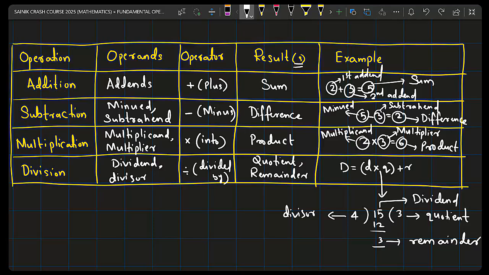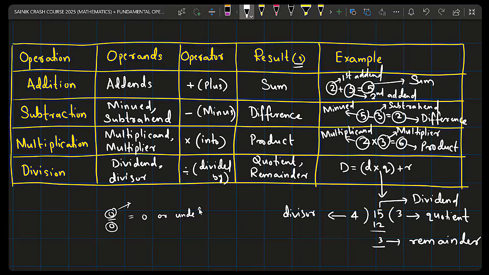Yes, Mayuk. So, what is indeterminate? Indeterminate means we are getting confused about what the answer is. See, 0 divided by 0, we want to find the answer. We have a rule in mathematics that whenever the numerator is 0, the answer should be 0. And we have another rule in division, that whenever the denominator is 0, the answer should be undefined.